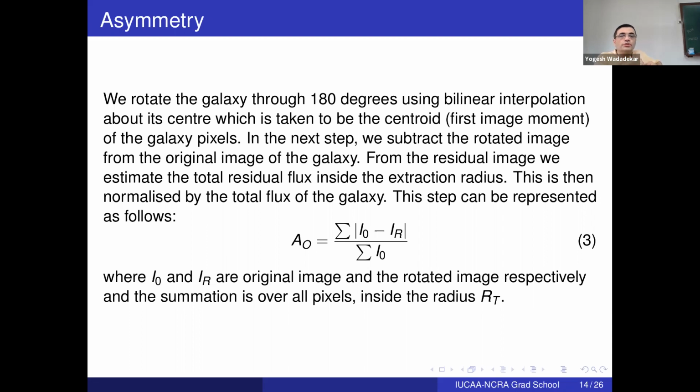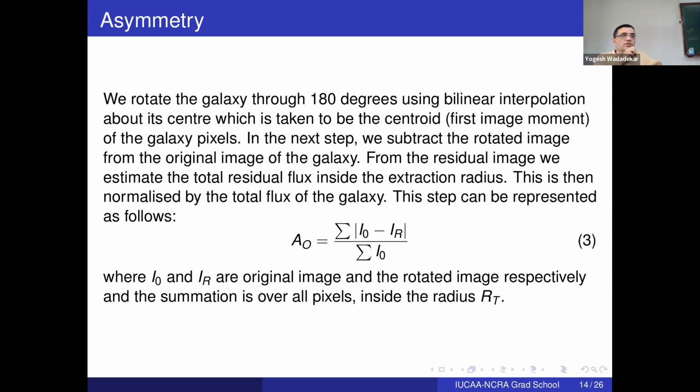So now what to choose as R_T? Most people choose the Petrosian radius itself as the R_T. And you then basically rotate the galaxy, centroid it within the extraction radius, rotate it by 180 degrees, subtract it, and measure the flux in the residue.